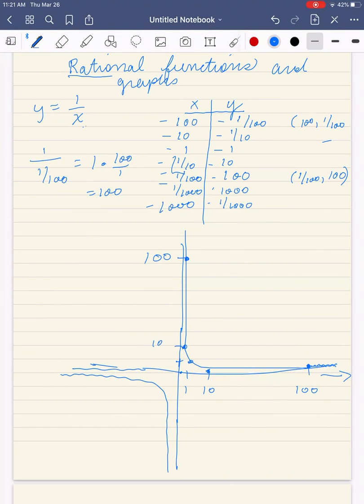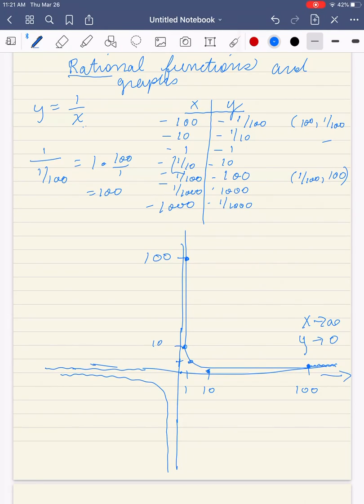Now, let's talk about some specific things on this graph. Notice here, as x is going to infinity, what's happening to y? It's getting closer and closer to the x-axis. y is going to 0.